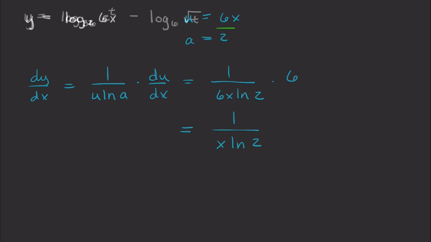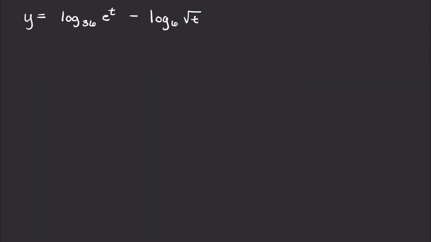For our next problem, we have y equals log base 36 of e to the t minus log base 6 of the square root of t. Here we want to use this identity, log base a of x is equal to the natural log of x over the natural log of a, which was our base. So now we can rewrite our function y before we start taking the derivative.